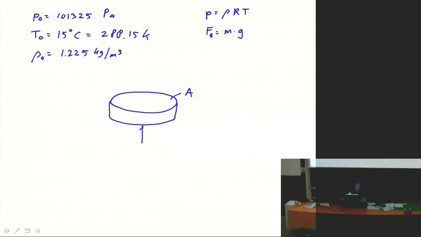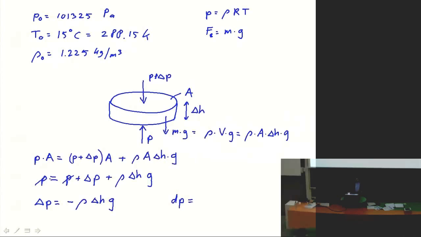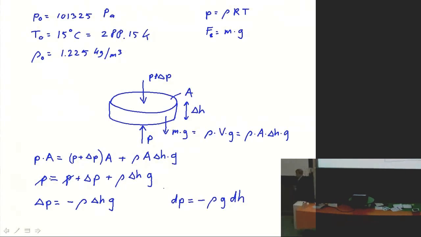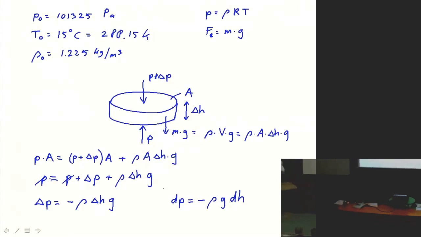We normally write it differently. We write it as such: dP is minus rho g dH. So instead of a delta, we write a d, indicating a very small delta, because all kinds of things happen within this disk. The pressure changes perhaps, and there's also gravity inside the disk, and we've ignored that.